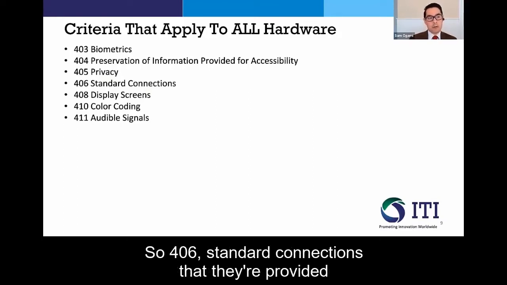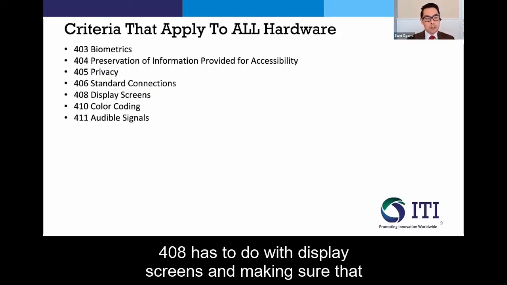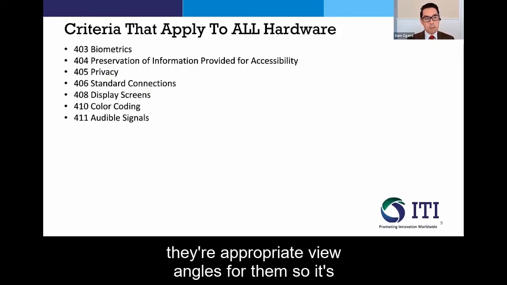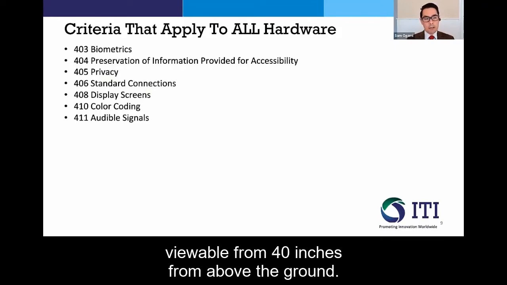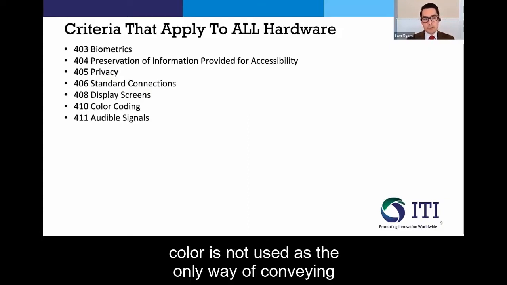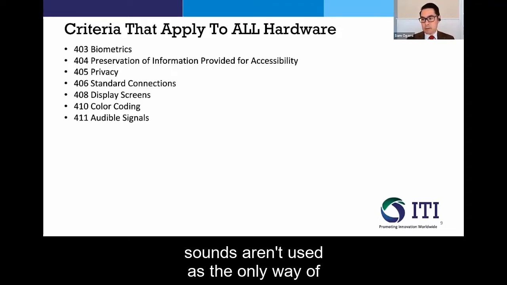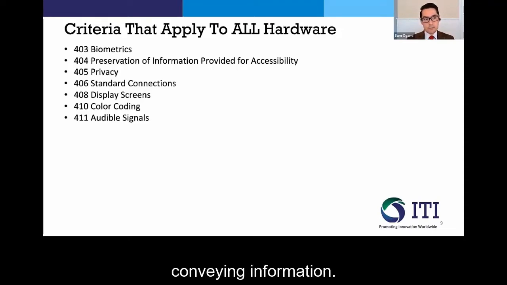Industry standard connections, so 406 standard connections, that they're provided at least one set of industry standard connections. 408 has to do with display screens and making sure that there are appropriate view angles for them, so it's viewable from 40 inches from above the ground. 410 has to do with color coding and making sure that color is not used as the only way of conveying information. And 411 is about audible signals, and that audible sounds aren't used as the only way of conveying information.